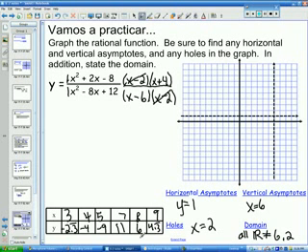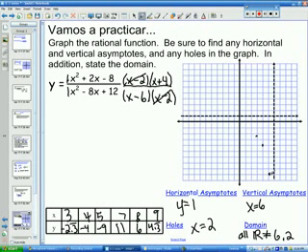Okay, so let's graph these 6 points, and then we'll get an idea what the graph looks like, and we sketch it from there. So 3, negative 2 1/3, it's going to look something like that. 4, negative 4, it's right there. And 5, negative 9, is right there.